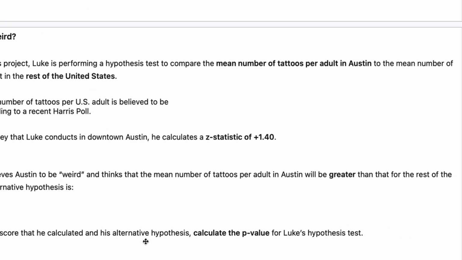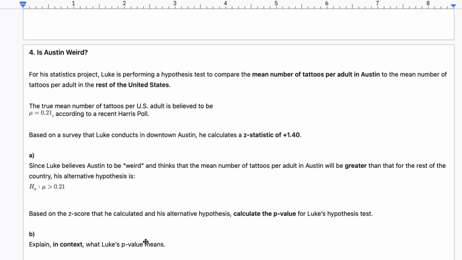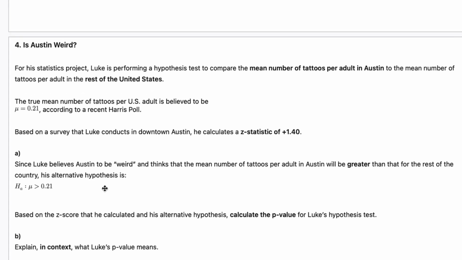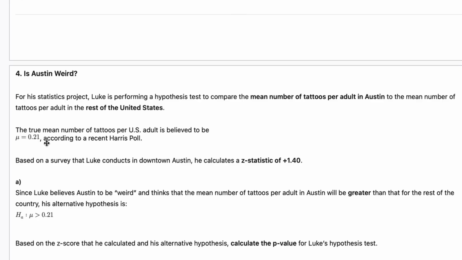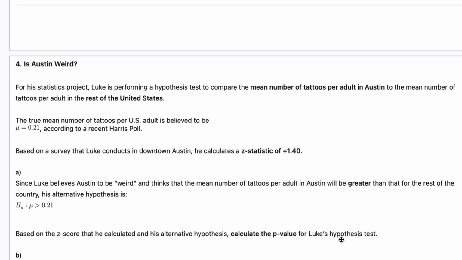So first, let's recollect all of the information again and sort it a little bit. We know that our null hypothesis is mu equal to 0.21, and our alternative hypothesis is mu greater than 0.21. And it says to calculate the p-value for his hypothesis test.